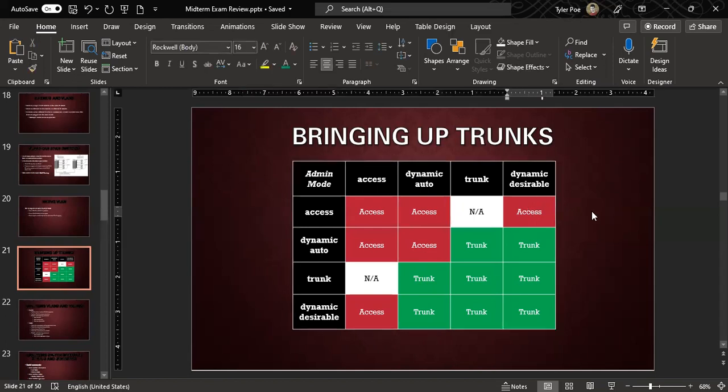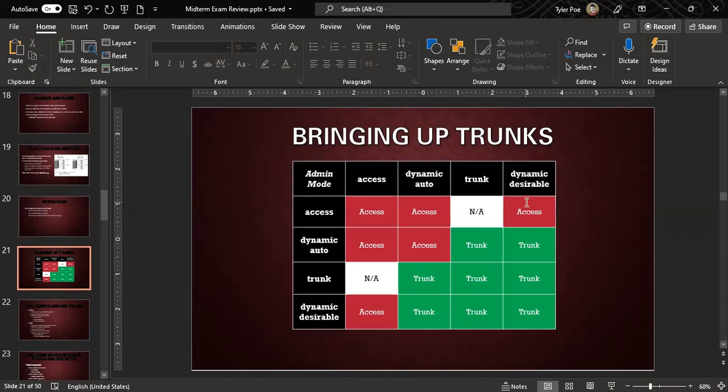I don't know why you would ever do that, but this won't error out. These two settings will not error out. These will. That's the major difference if anybody had any questions. Dynamic desirable will cause both ports to be put in trunking mode. They will operationally trunk with any other setting other than access mode.